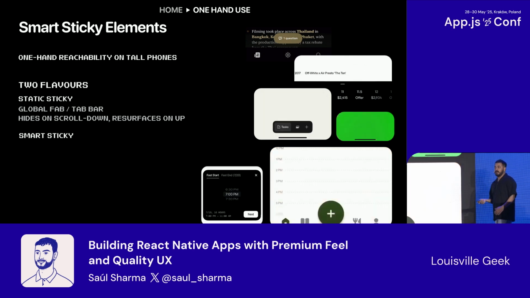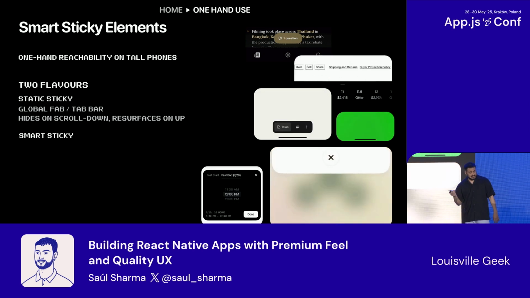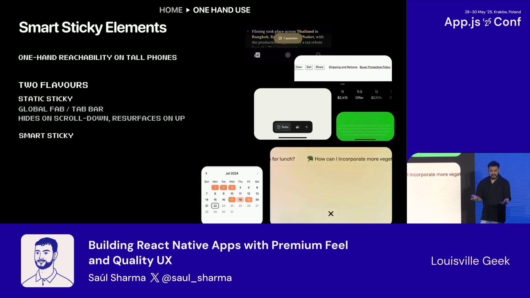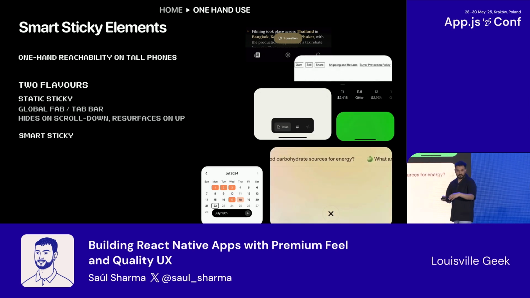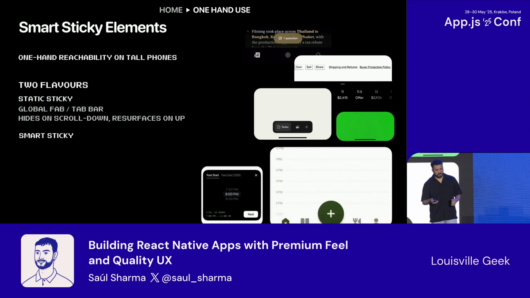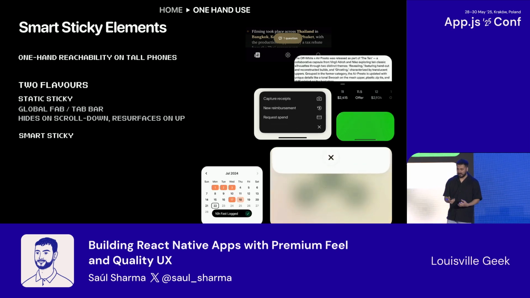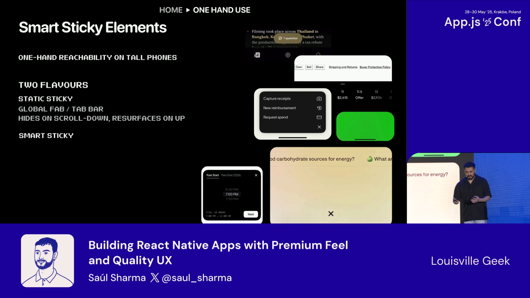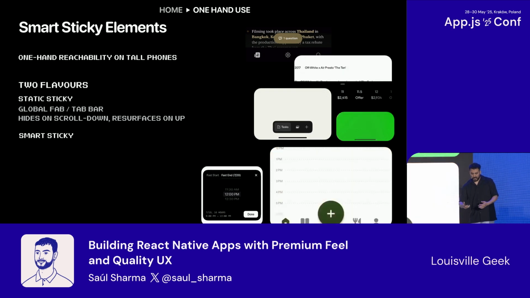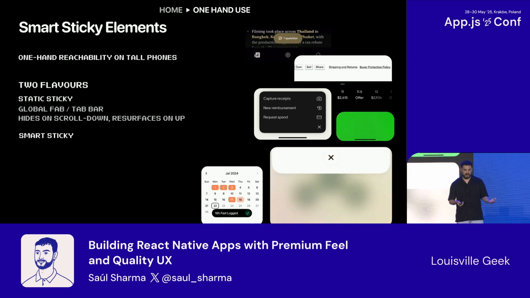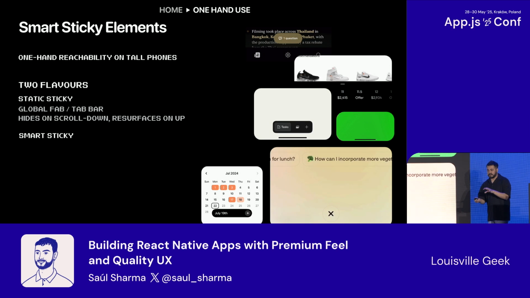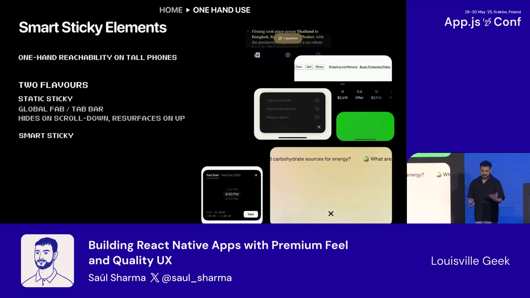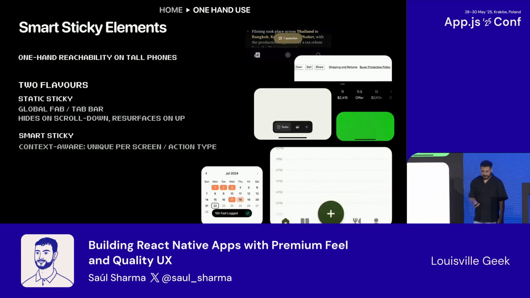This means when you go to the details screen, there might be a table, the user might select a couple of items, and they might want to filter or whatever. You just want to have that option. Like if they are talking to an AI, they might want to switch the model at the bottom. So these are more of a smart sticky. They have more context from the current screen, so that's why I call it smart sticky.